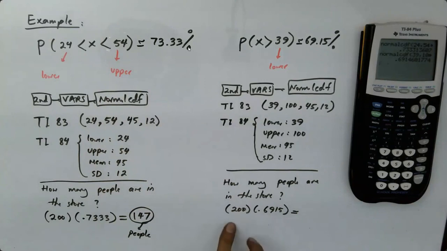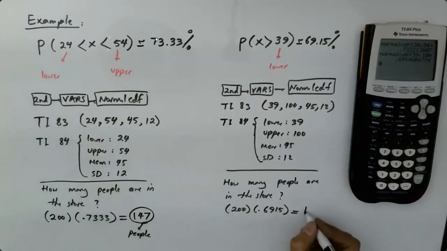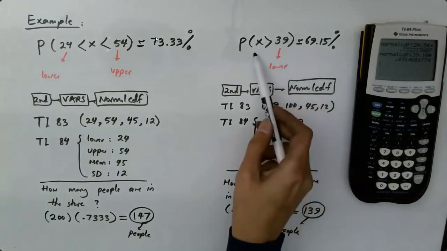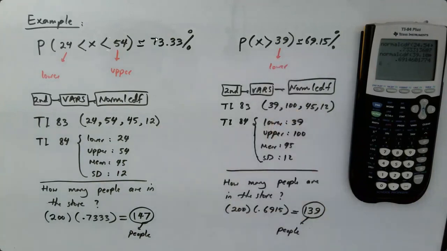What about the second one? If I multiply 200 by 0.6915, we get about 139 customers in the store who are spending more than 39 minutes.